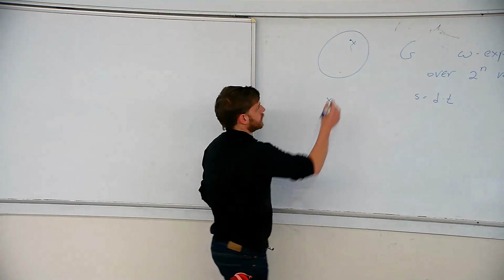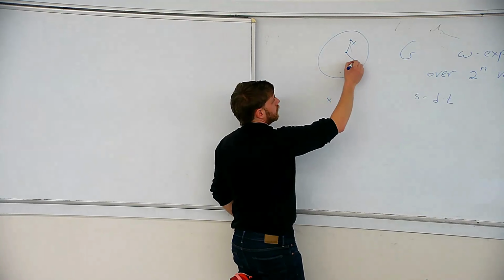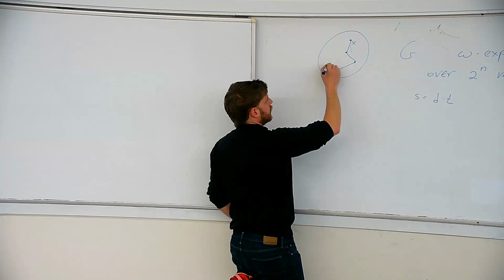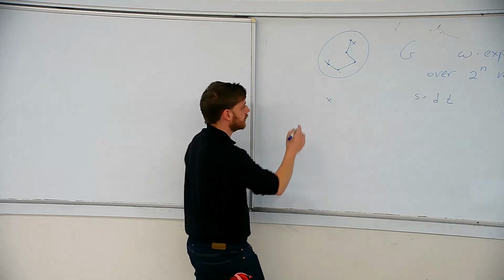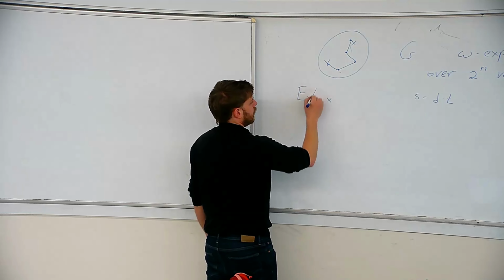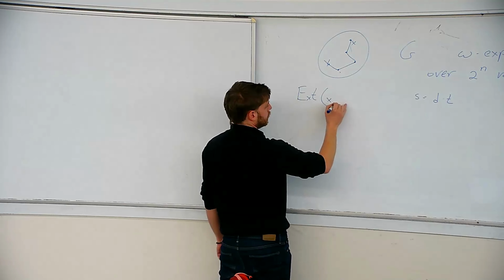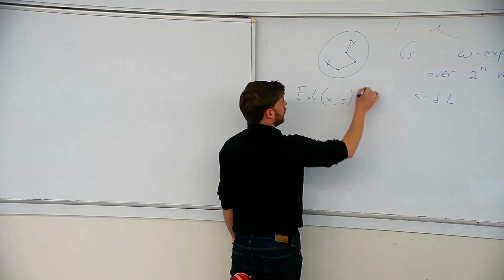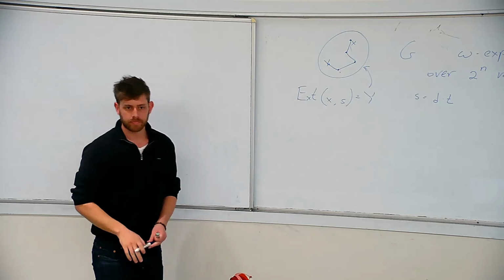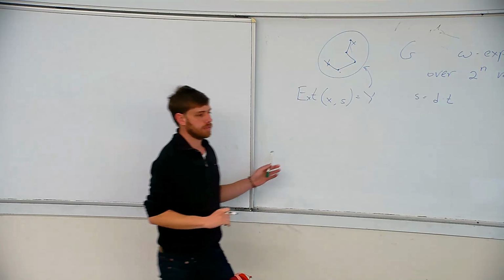Okay, and then we just take a random walk, and it ends in a vertex Y, and we return Y. So Ext of X with the seed S is Y. And now we need to prove that this is a good extractor.